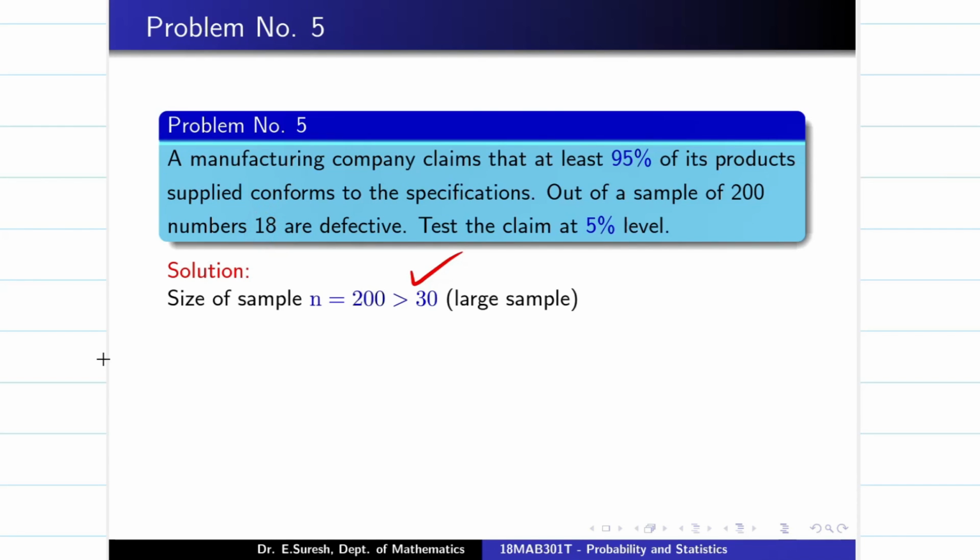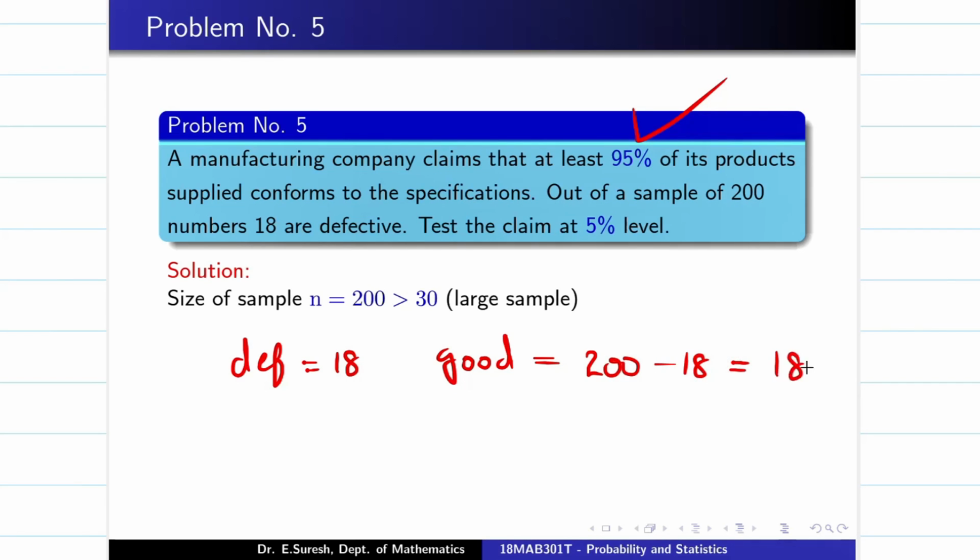But we are speaking here about 95% good product. So my question is speaking with good products. So good product is 200 minus 18. So it is going to be 182.